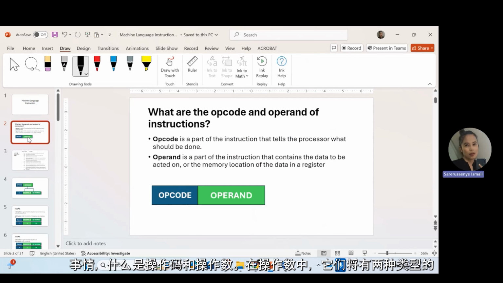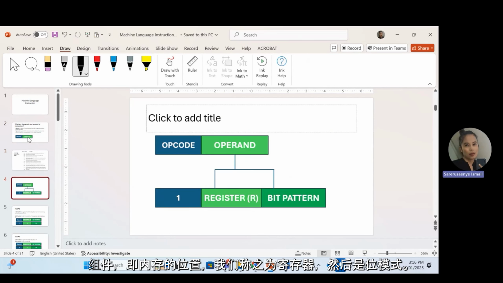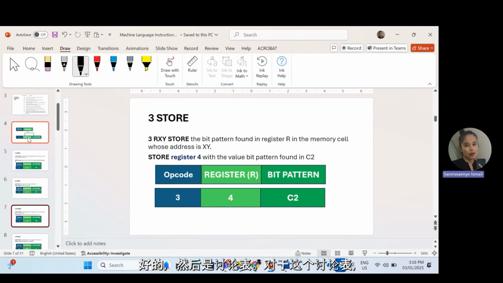In the operand, there are two types of component: locations in memory, which we call registers, and bit patterns. The bit pattern is mostly considered a value. It can be a memory address value in the PC, or in the AC, or any of the registers in the cache memory. A bit pattern can also be the value of the instruction that needs to be executed, transferred, or fetched. We learned about this already, so no need for me to remind you.